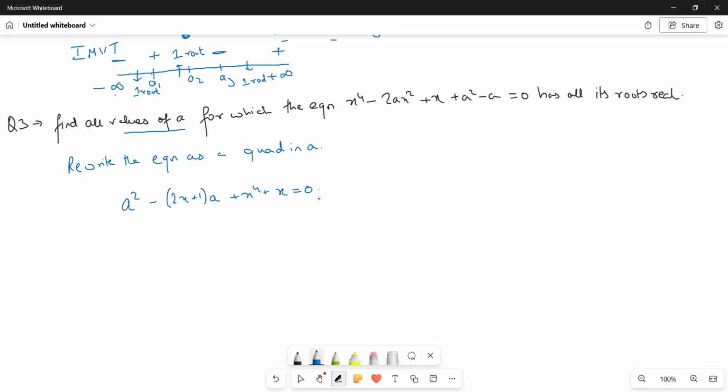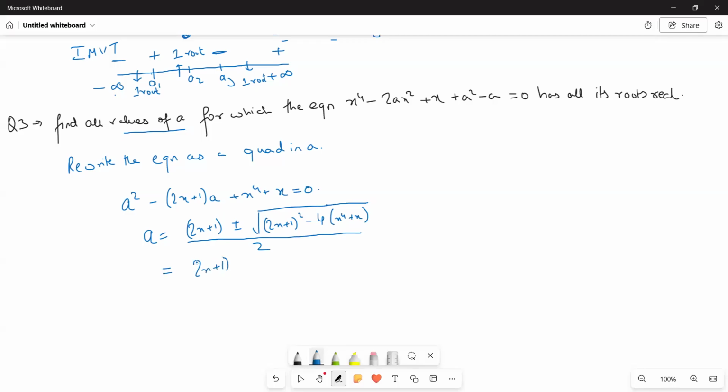Now from any quadratic in a, how do we find the value of a? We apply Shridharacharya. So a from here would be (2x plus 1) plus minus root over of b square, so (2x plus 1) whole square minus 4ac, so x power 4 plus x, divided by 2. Now let's see what we get on simplifying this.